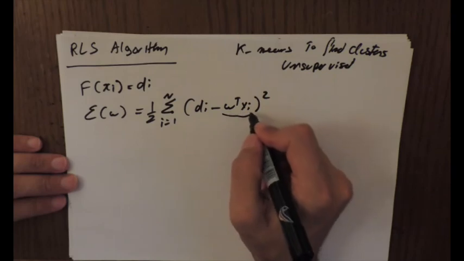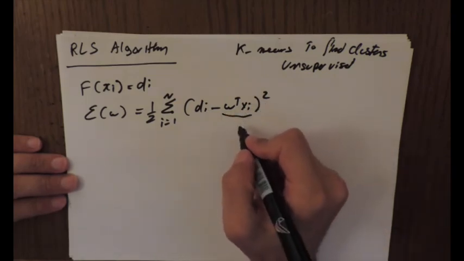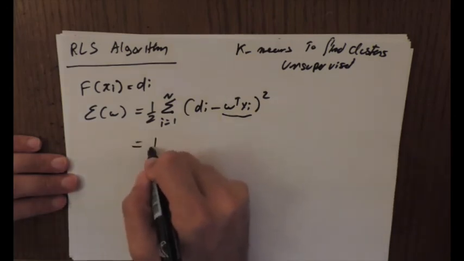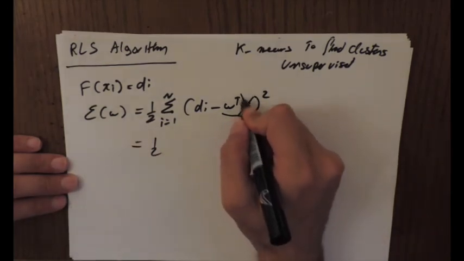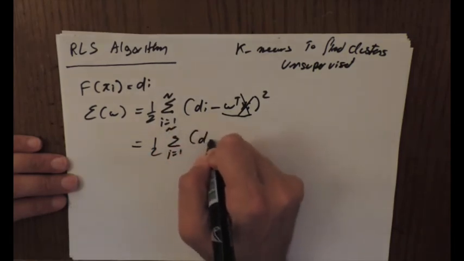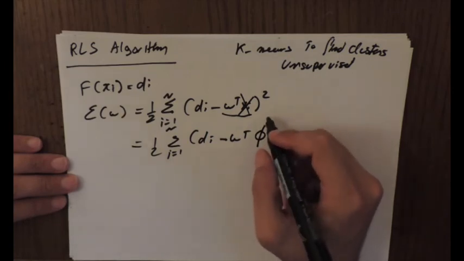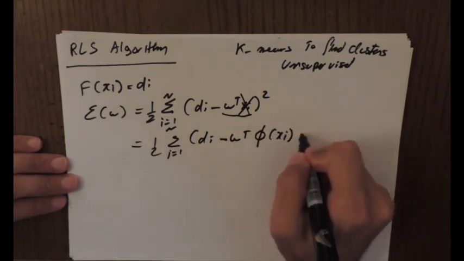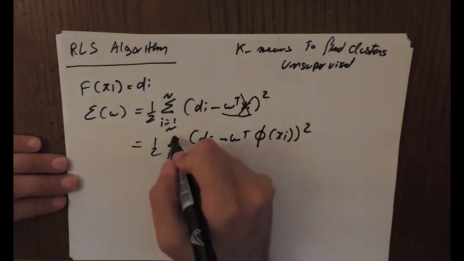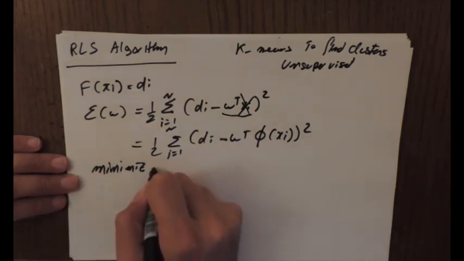However, here we don't have xi, since we did a mapping to the phi space. So we have an RBF, the desired output minus w transpose phi of xi, squared. So now we need to minimize the error.